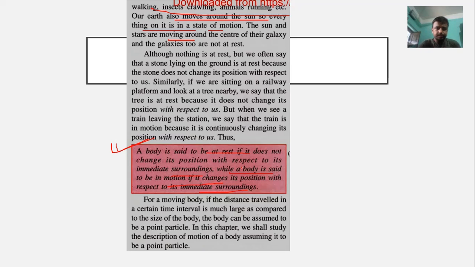Okay, for a moving body, if the distance traveled in a certain time interval is much large as compared to the size of the body, it can be assumed to be a point particle.